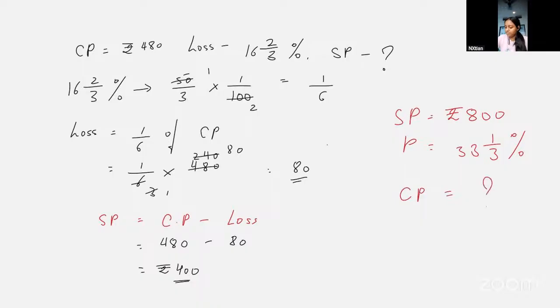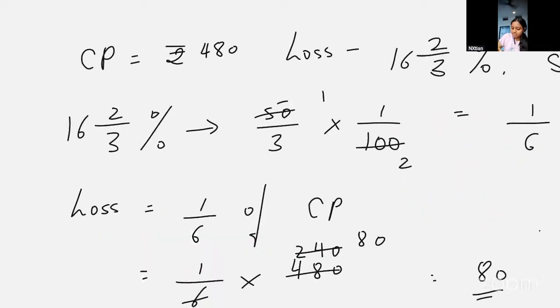Excuse me, ma'am. Yes, Johanna. How did 16 2 by 3% become 50 by 3? What we did is we will multiply this 16 with 3. Okay, what will you get? 48, right?